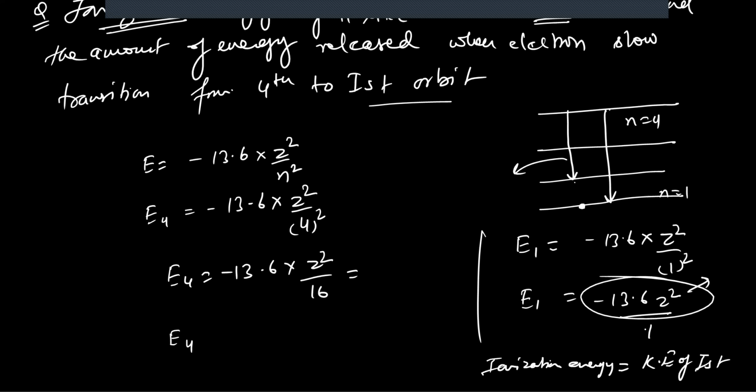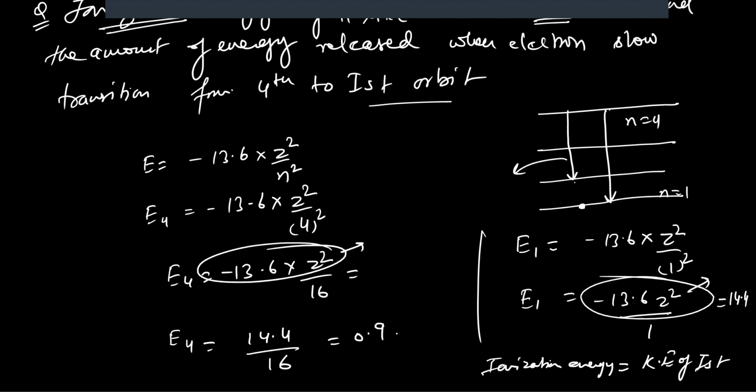This is the energy of the first shell. So you write here 13.6 into, in the fourth shell, this value is given to you, which is equal to 14.4. So right here 14.4 upon 16. Got it? Then you will get 0.9 electron volt, minus 0.9 electron volt.